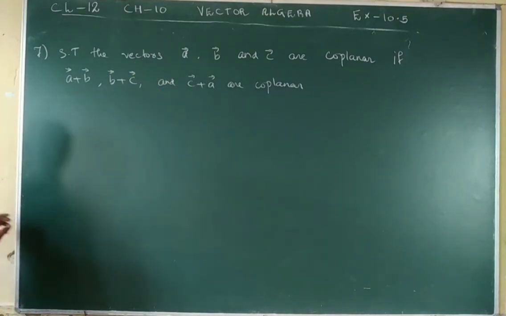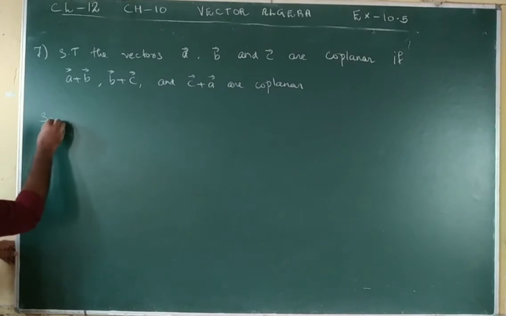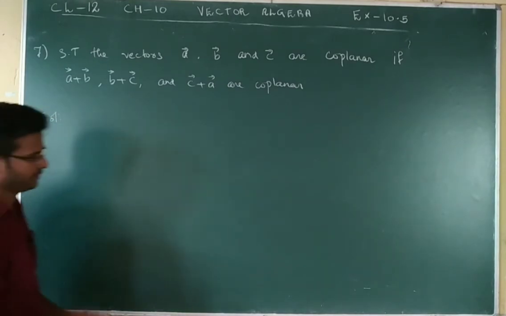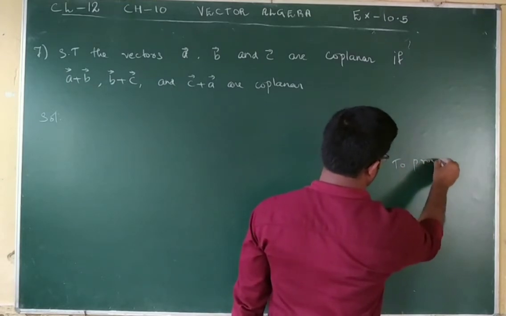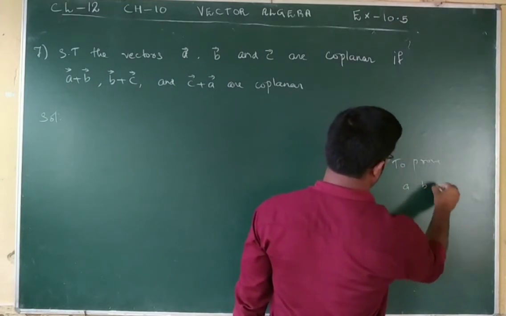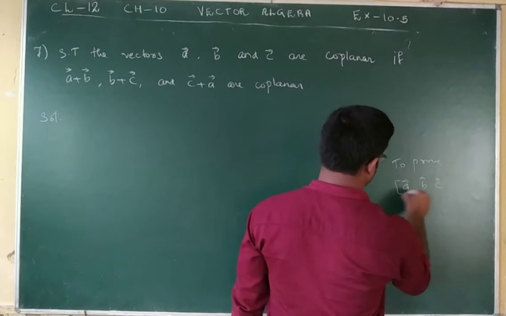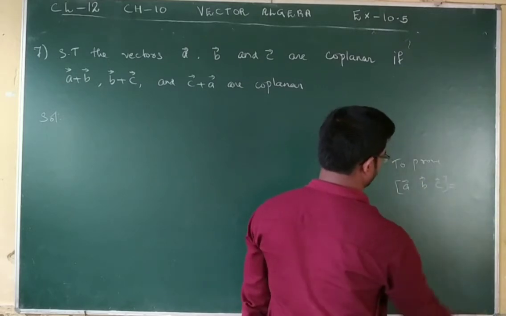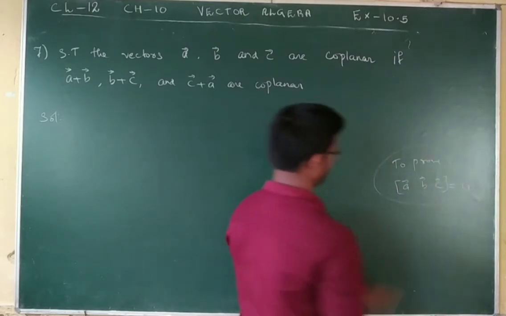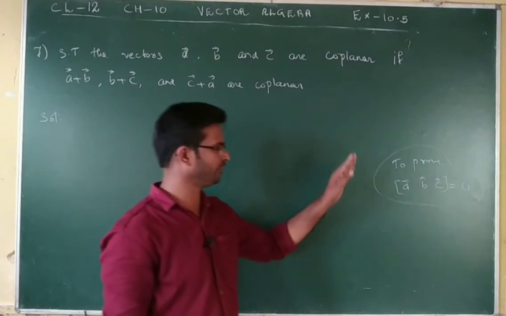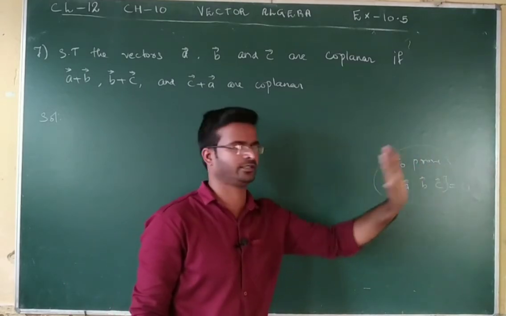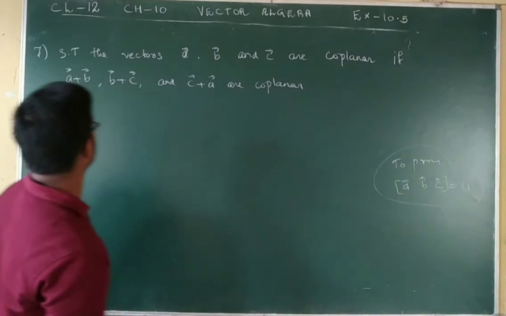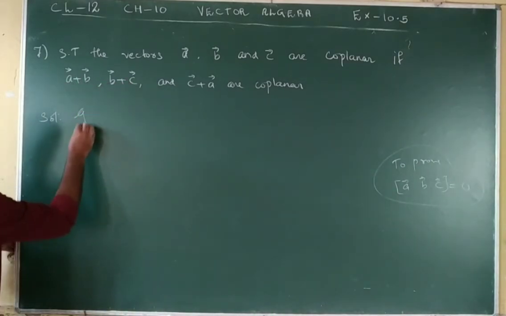Okay. Now, our question is to prove A, B, C are coplanar. When you take the A, B, C triple product, we need answer 0. This is our answer. We have to prove the triple product of A vector, B vector, C vector equal to 0. First we can write the given part.